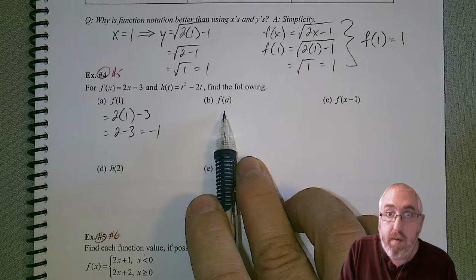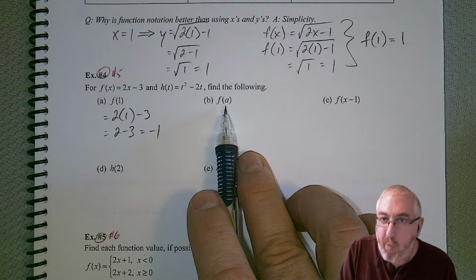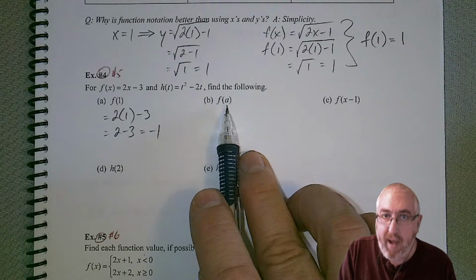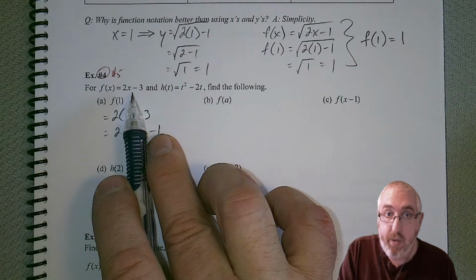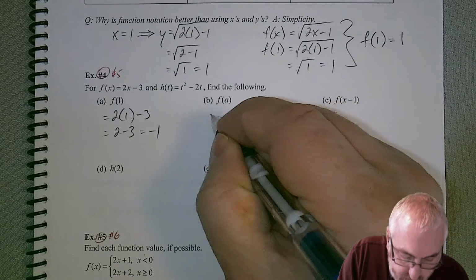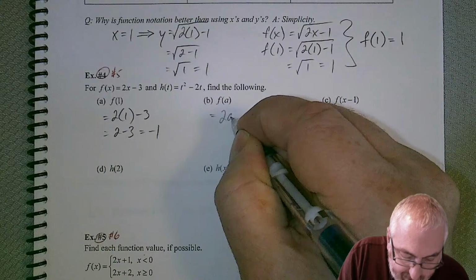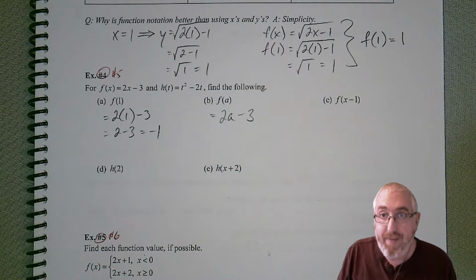What about f of a? Well, it seems kind of weird, but they want you to substitute a in for x. Anywhere there's an x in the function, you replace it with an a. So we would get 2 times a minus 3, and you're done.